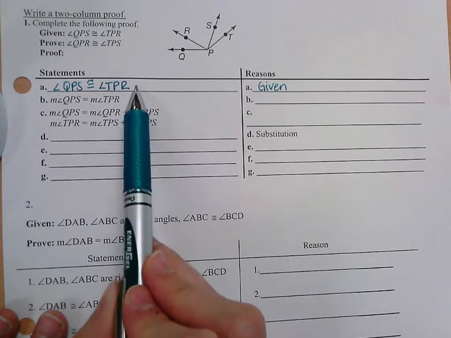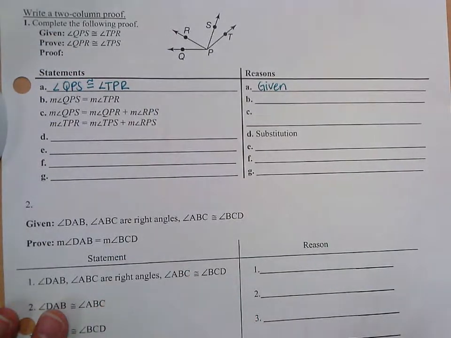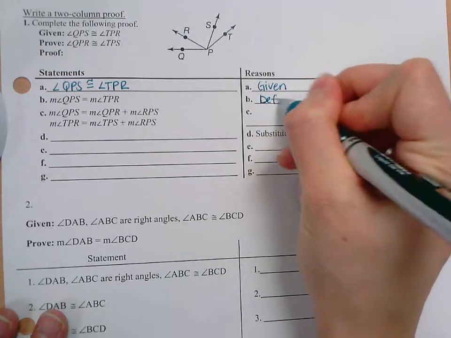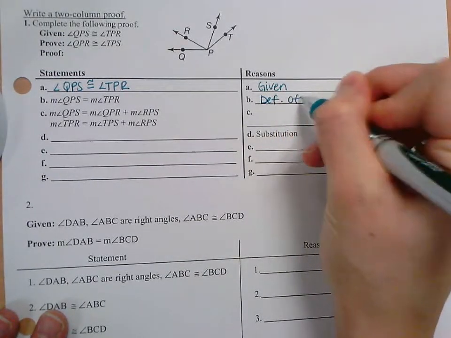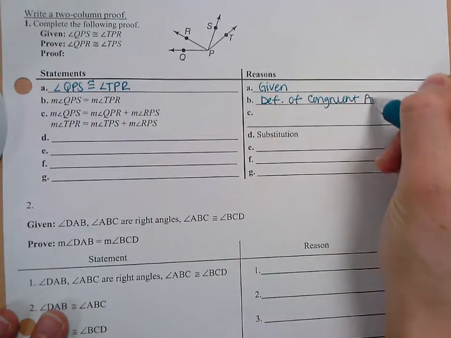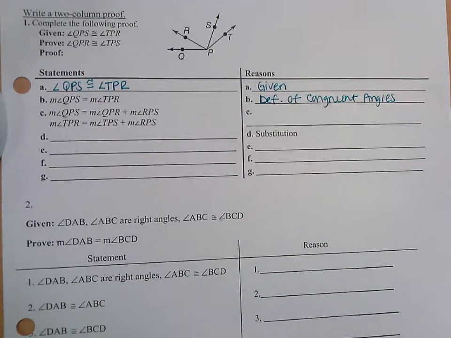It's just angles. Angles are congruent, so their measures are equal. What would that reason be, Katie? Yes. So there's a definition of congruent segments. This is definition of congruent angles. If the angles are congruent, the measures of the angles are equal, or vice versa. If the measures are equal, the angles are congruent.